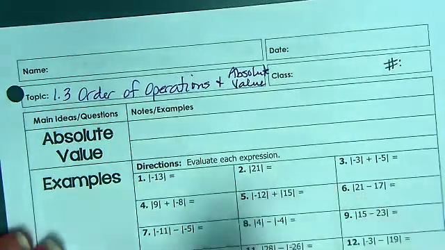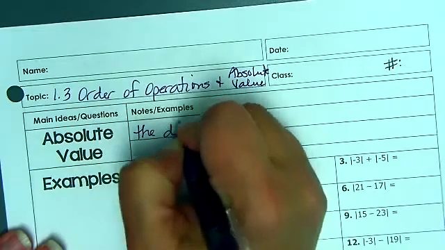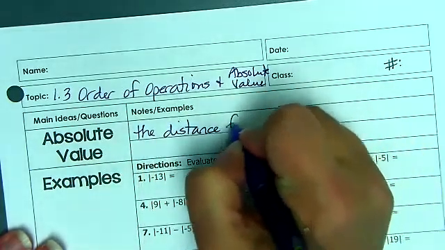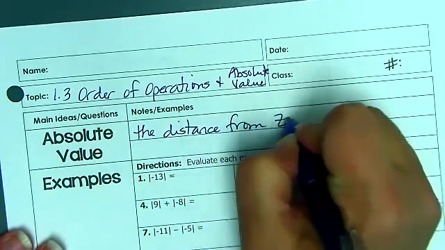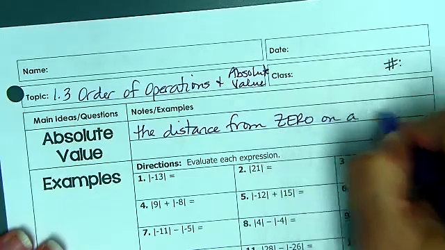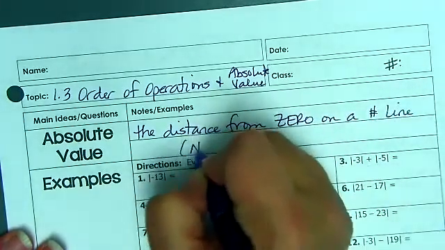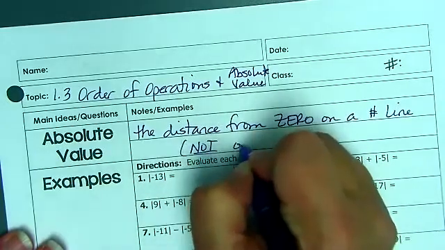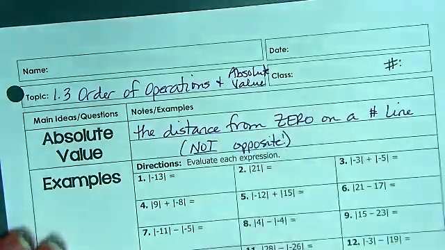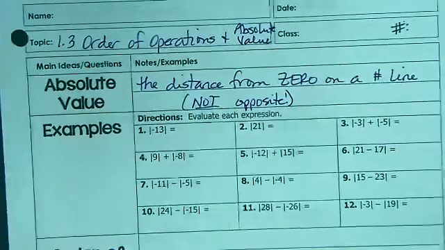Remember that the absolute value is the distance from 0 on a number line, not the opposite. That's a common mistake. People seem to think that it's the opposite of what's inside the absolute value symbols.